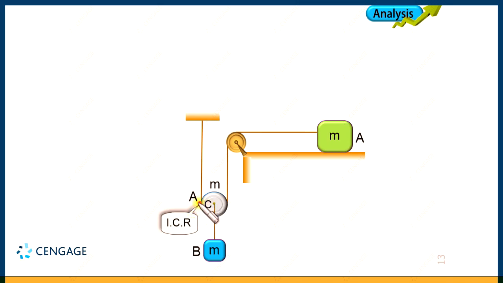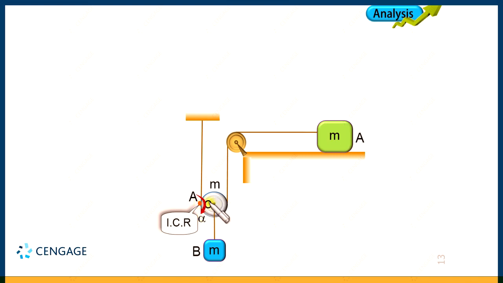Now let us observe the rotation sense of this pulley. If you take the torque about this point, you can observe that this tension, or you can say the weight of this block, will try to rotate this pulley, or this disc, in the clockwise sense. Let the angular acceleration of this disc be alpha.